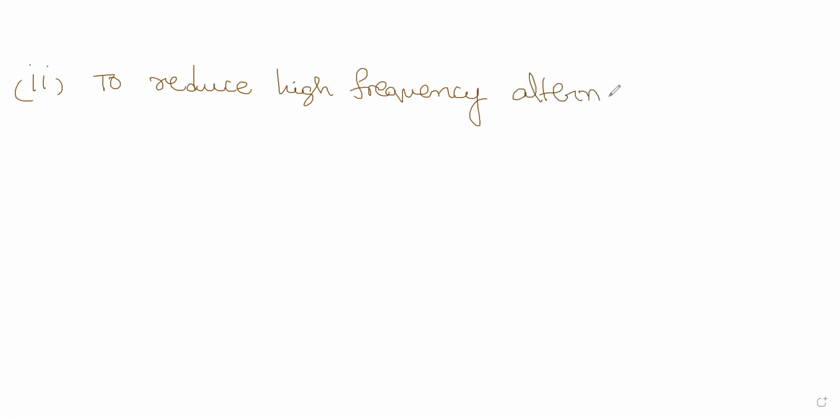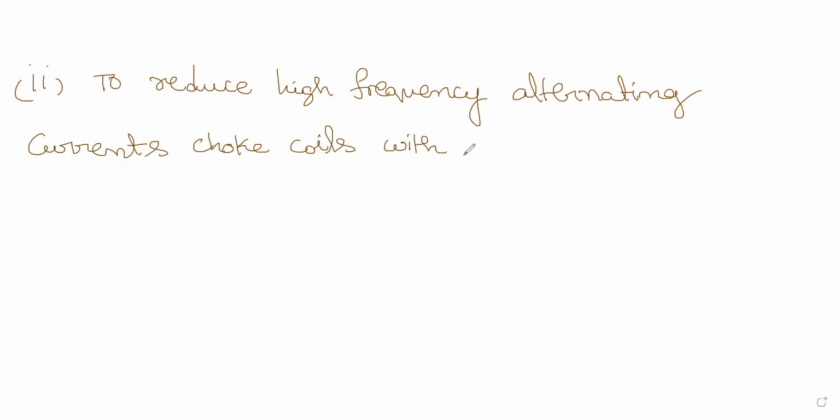The next type is to reduce high frequency alternating currents. Choke coils with air cores are used.